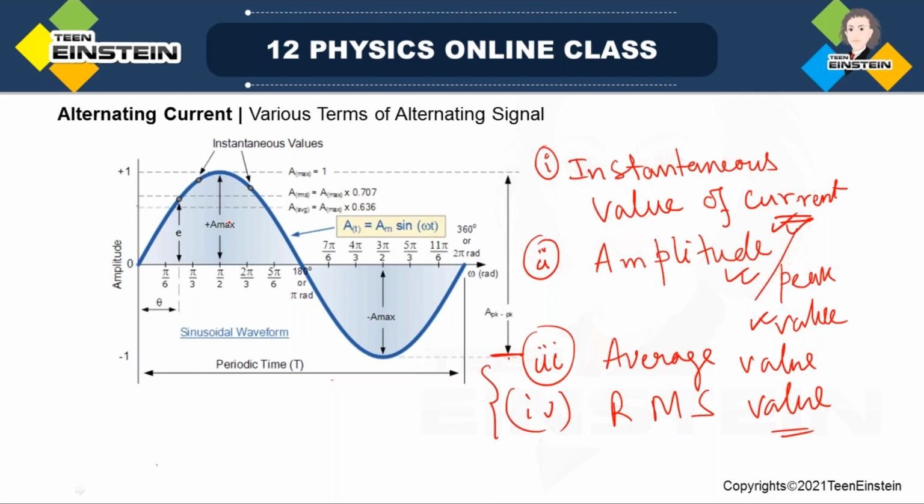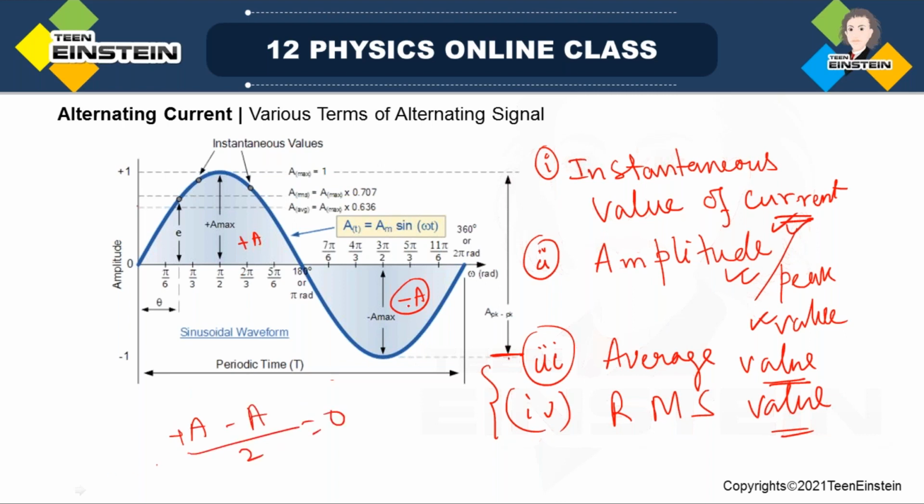See, when I talk about average value for an AC signal, you look here. This has a positive value, plus A, and this has a negative value. Since it is a sinusoidal or sine curve, and it is very much symmetric, if you want to calculate the average in a full cycle, you get A plus A minus A divided by 2.